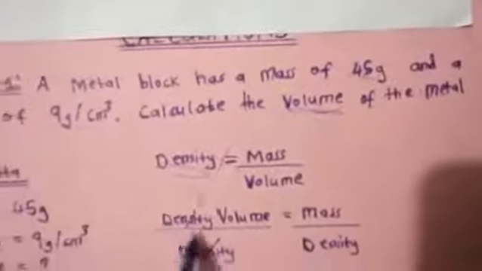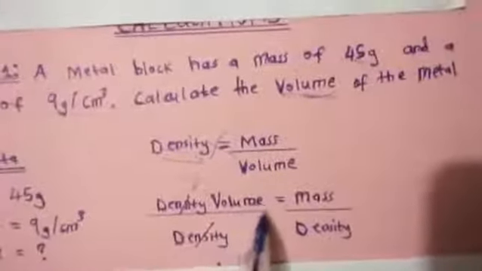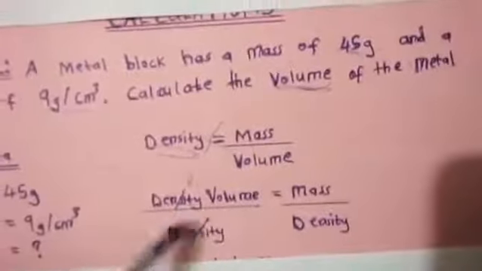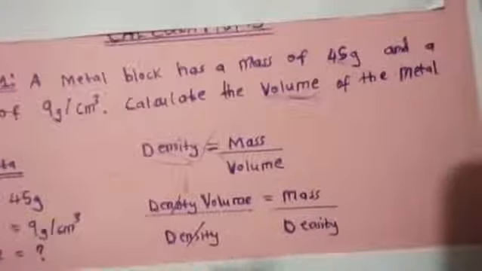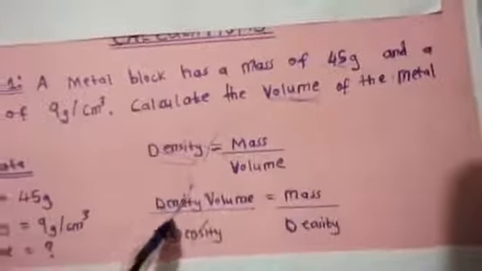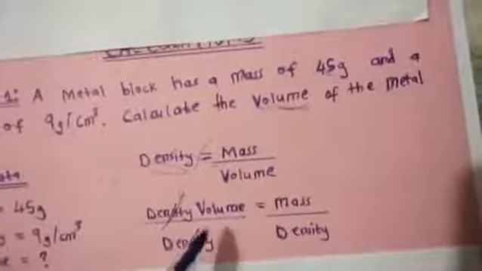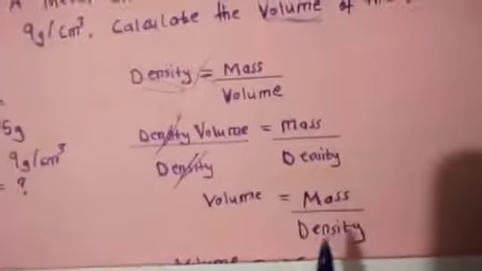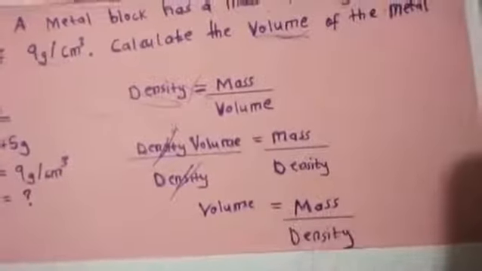Then we divide both sides by density, because volume has to be alone. Here is density and this side density, then we cancel density. It will remain: volume is equal to mass over density.